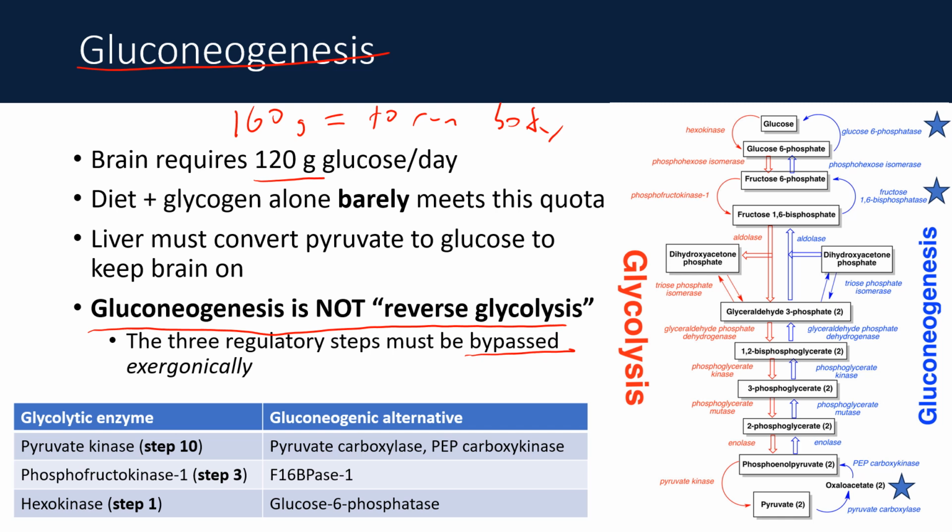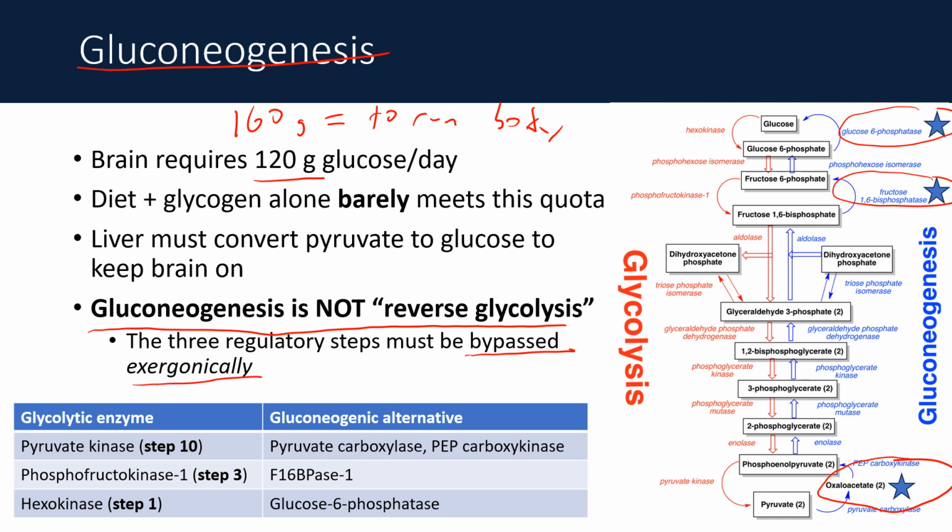These difference or choke points at step 1, step 3, and step 10 of glycolysis have to be bypassed to ensure that the gluconeogenic pathway is also going to be spontaneous, thermodynamically favorable, exergonic.